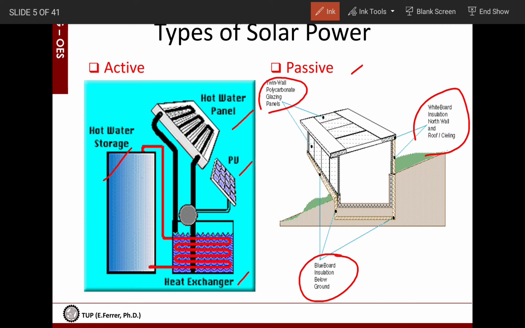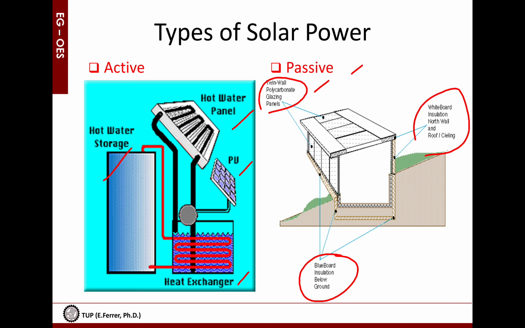Wherein you have a solar panel, a glazing panel, and then you will have a battery, and in the battery you store the energy and then you use it to drive your electric appliances. So that is the passive type.